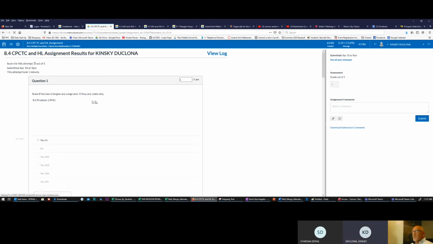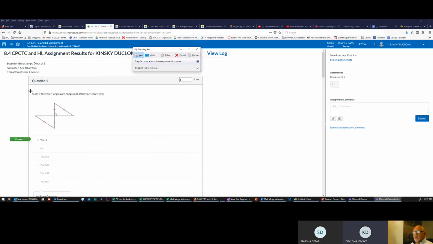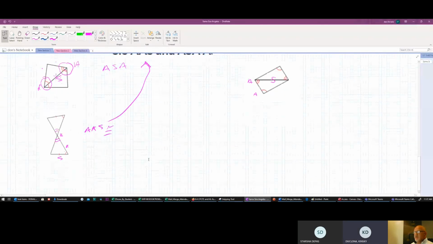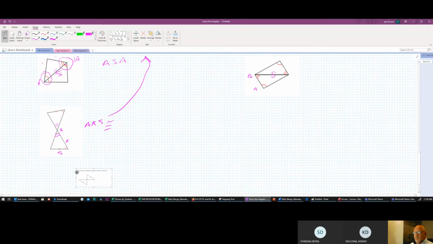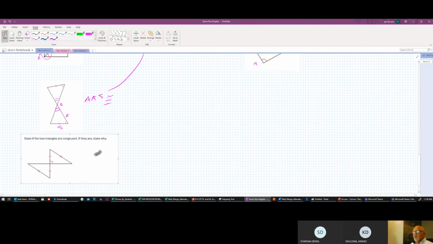One more important thing for you guys to realize. Whenever you have a triangle that has a right angle, see that right angle right there?